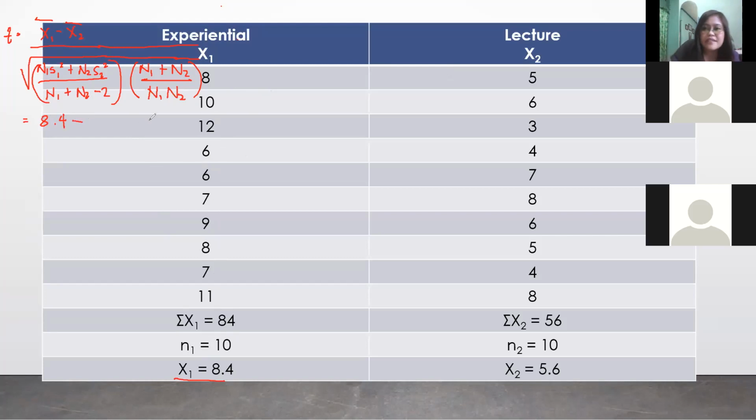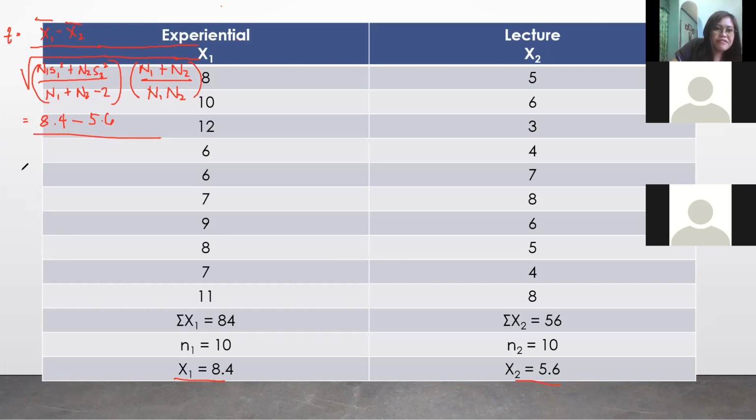Minus, ang mean sa group 2. So 5 plus 6 plus 3 plus 4 plus 7 plus 8 plus 6 plus 5 plus 4 and plus 8. So that's a total of 56 divided by 10 gihapon. Pareha sila nga 10 kabuok.